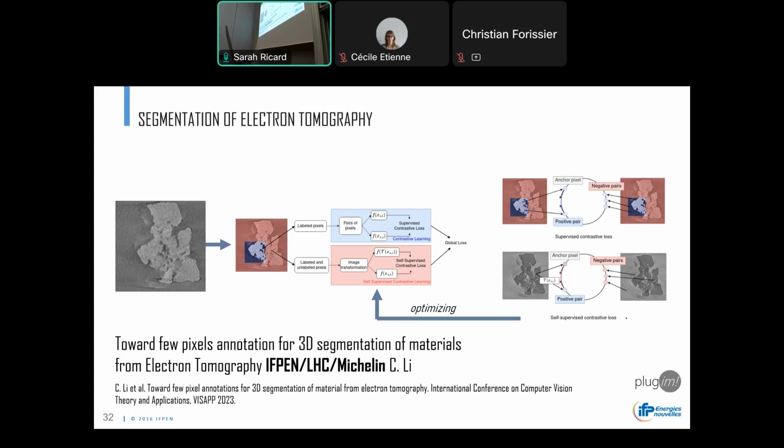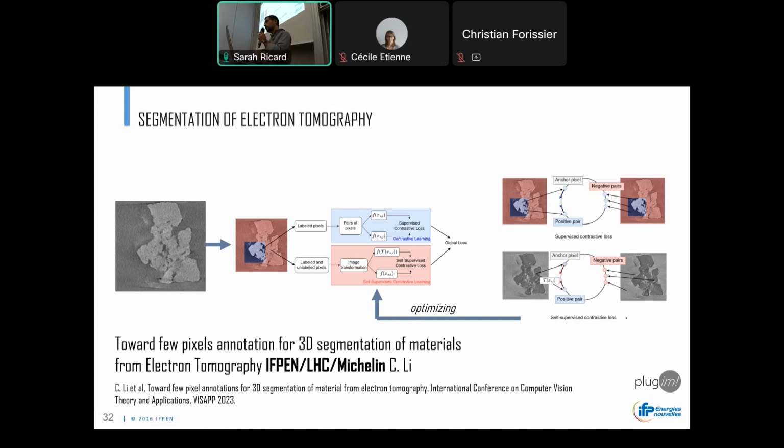Okay, so what you see here is only a grain of material that is very, very small. It's only 500 nanometers. These techniques provide 3D volumes at the nanometer scale. And the issue with this acquisition method is that it provides very nice data at the nanometer scale, but it also provides a lot of noise.